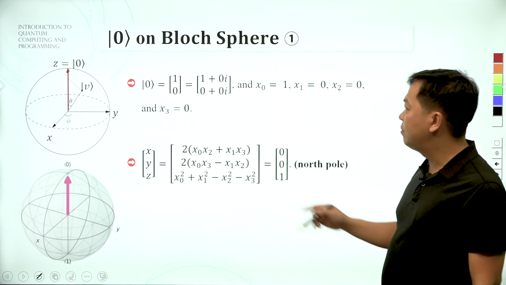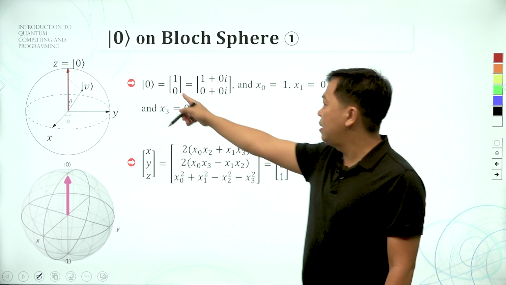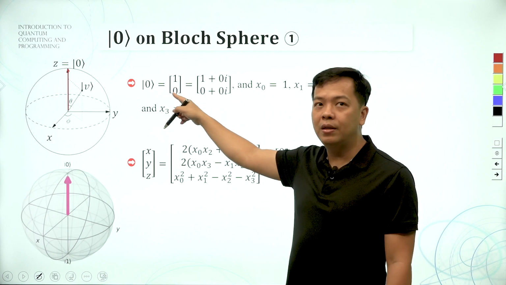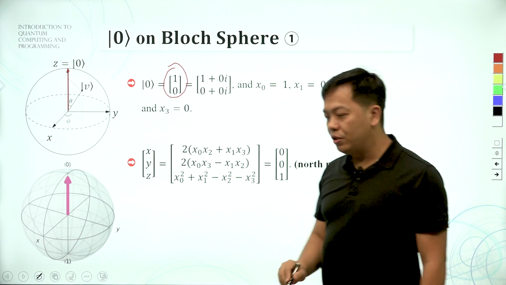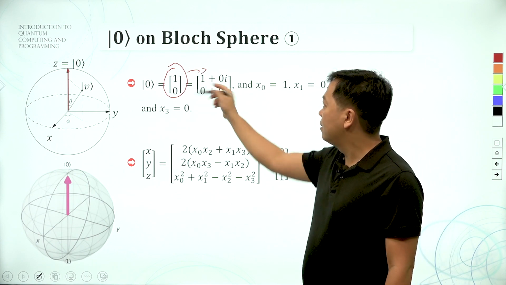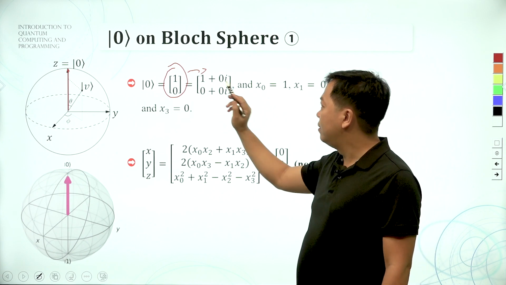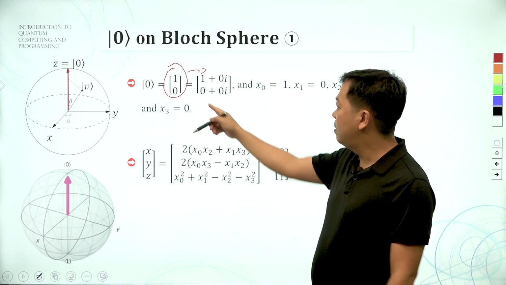For example, we have qubit 0, which starts as the quantum vector 1 and 0. After we transform to the complex vector, we have this kind of complex vector. That means the real part is 1 and the imaginary part is 0, and similarly for this one.